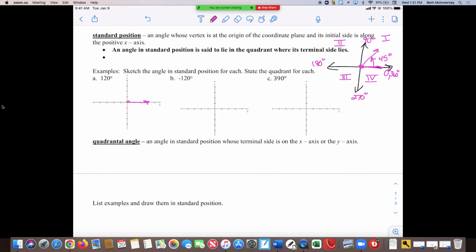So 120 degrees, how many degrees into the second quadrant would I find 120? Well, I know exactly how many. 30, right? So from 90 to 120 is 30 degrees. Now what would be exactly halfway in a quadrant? 45, right?